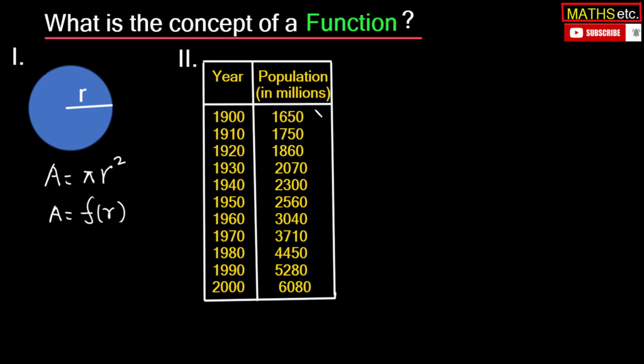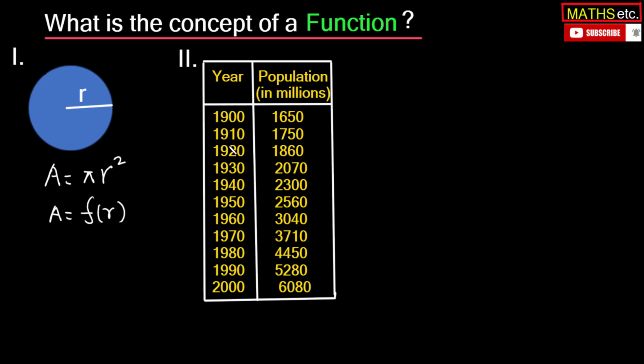Now this is our second example. This is some data given in the form of a table. This table shows world population in millions at a given time stamp. Say at time stamp t equals 1920, the world population is 1860 million.